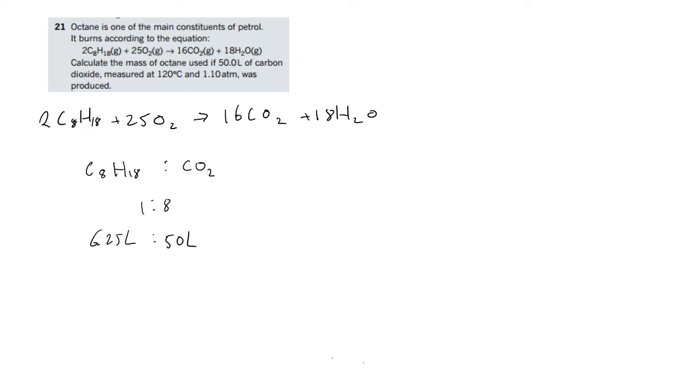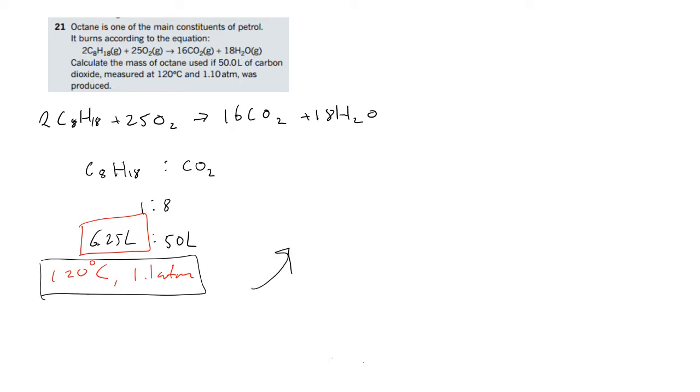Now, 6.25 liters of octane is at 120 degrees Celsius and 1.1 atmospheres, and we're trying to calculate the mass of octane. To calculate the mass, we need to first find the number of moles of octane. Using the ideal gas equation, n, number of moles, is equal to PV over RT.